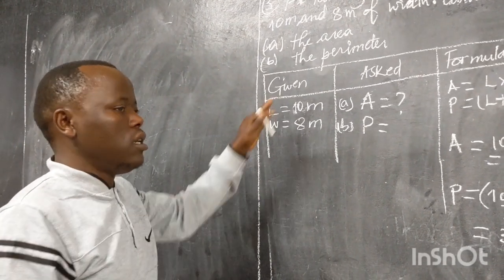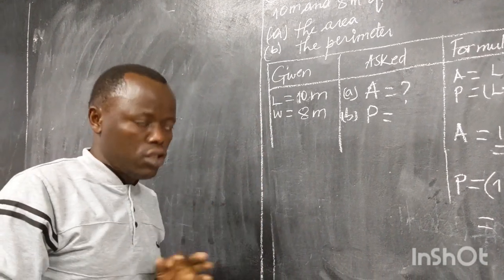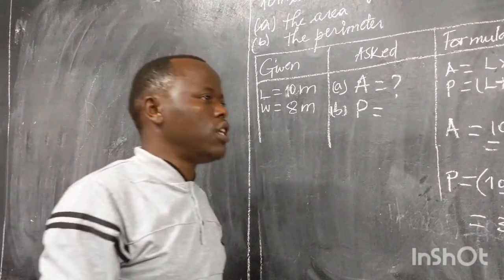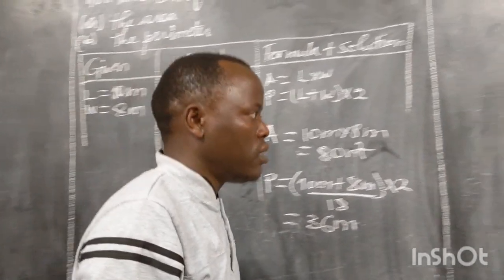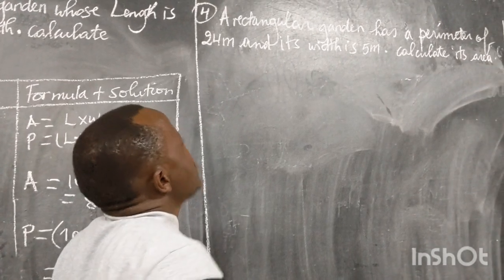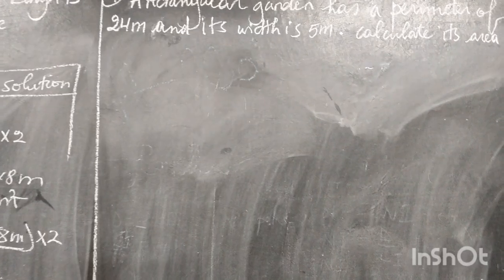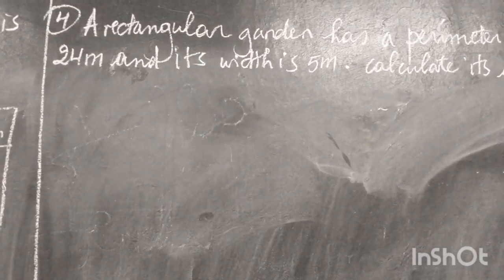I think the way those formulas are applied, it is clear and easy to understand. Let's go to question number 4. The question number 4 is asking: a rectangular garden has a perimeter of 24 and its width is equal to 5 meters. Calculate its area.